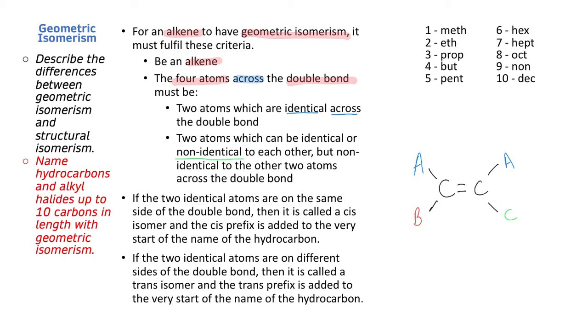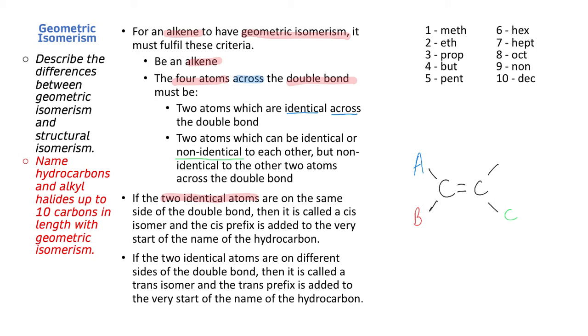Now you may ask what happens if you have A, B, C, and D over here. That also can have geometric isomerism, but we're not going to go through how to get there at this level. Actually, let's just finish this off and then we'll go through some examples. So if two identical atoms, that's the two A's over here, let's put those back in as A's.